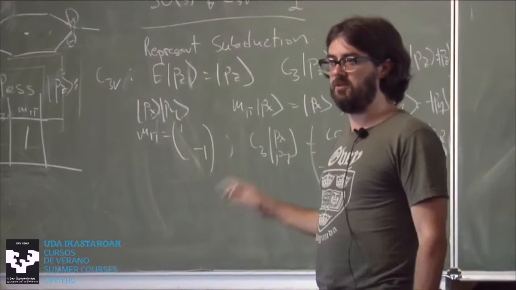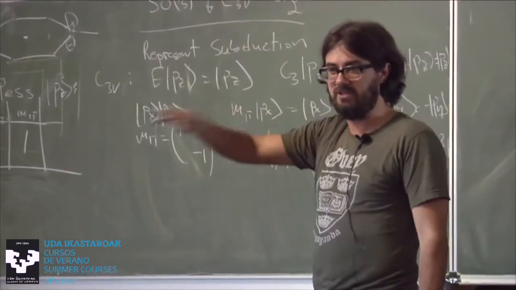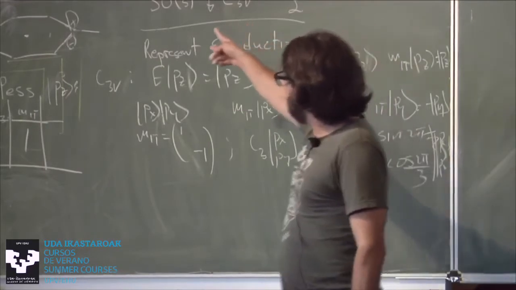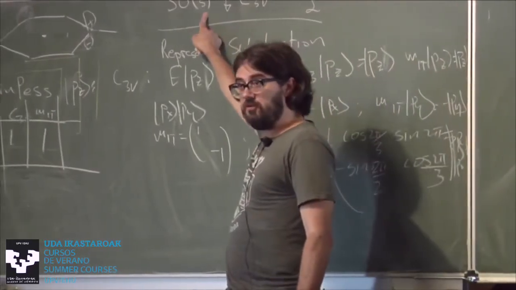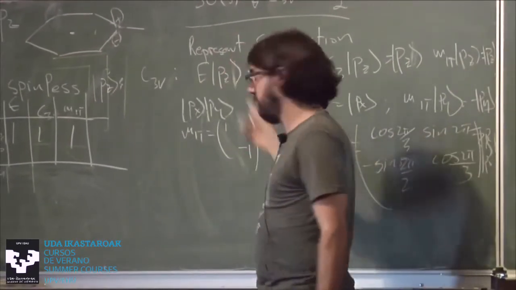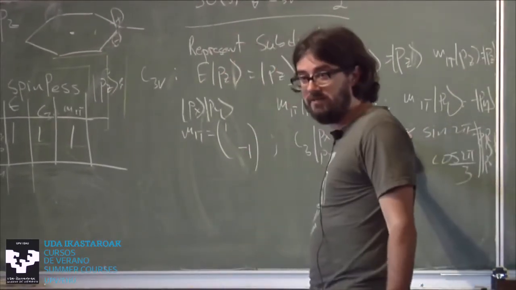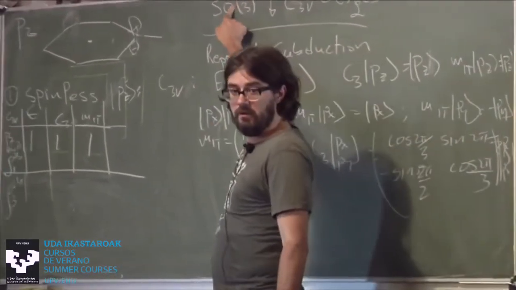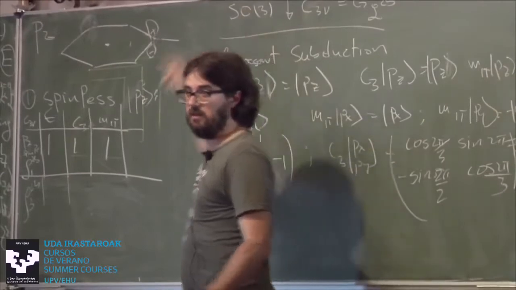Right? Do you believe me? This is just a vector. This is just the matrix of rotation of a vector. That's why it's a subduction. If I was to give you the rotations of SO3 labeled by an angle theta, you'd put the angle equal to 2 pi over 3, and you'd get this matrix. That's why it's a subduction. You can get it from the... Yes? Does that make sense?